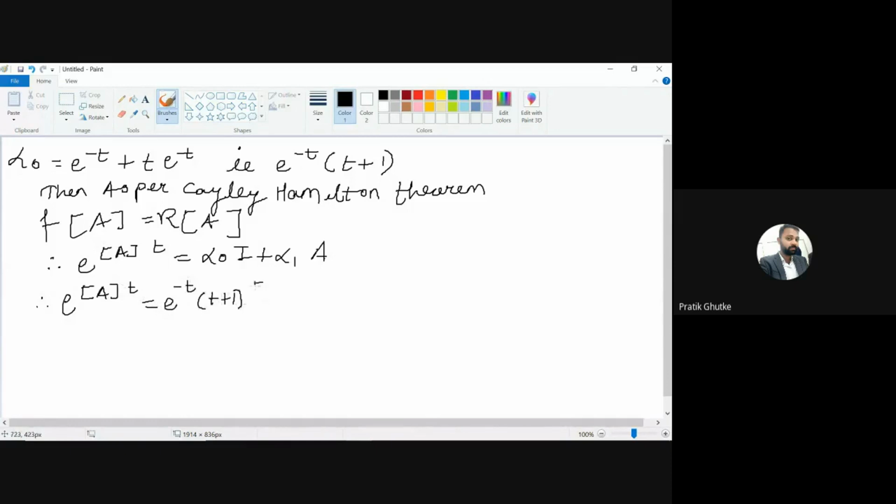What is my I matrix? 1 0, 0 1, that is alpha 0 into I. Now alpha 1 into A. So what is my alpha 1? Alpha 1 is t e raised to minus t. And what is my A matrix? I have already calculated it as minus 2 minus 1, 1 0. Okay.